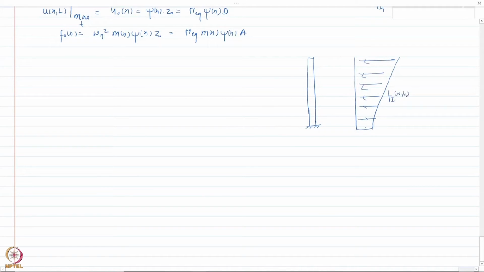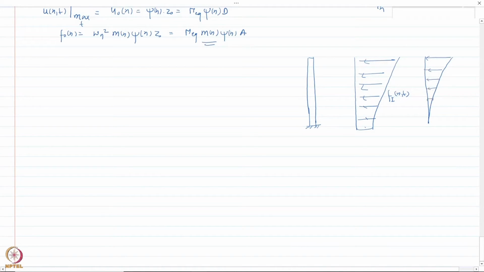We had also said that for this case, we want to find out the response of the system subject to this. This is the equivalent static force. This is 0 at x equal to 0, because phi x equal to 0.